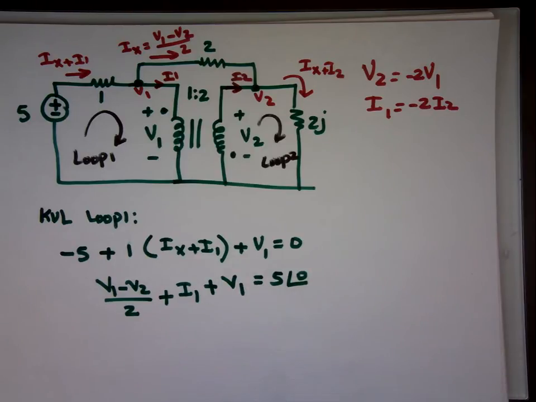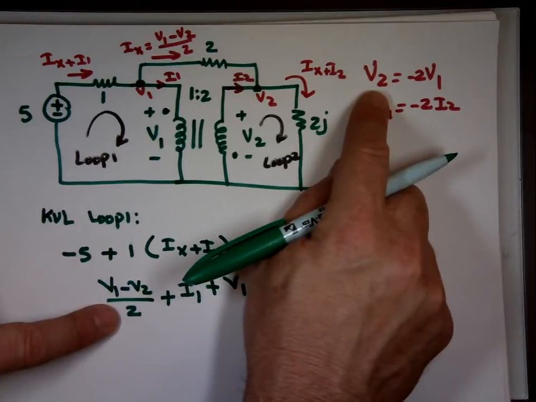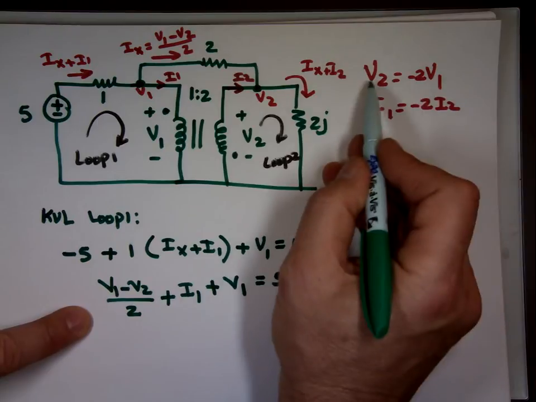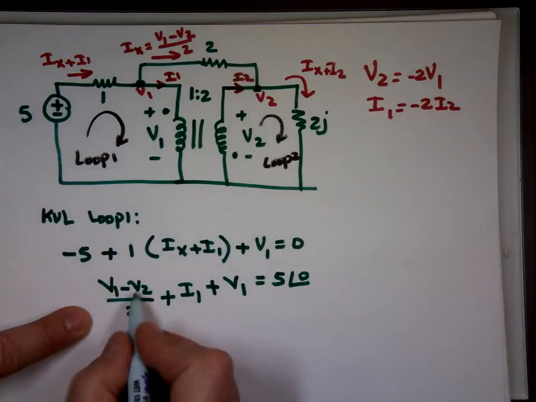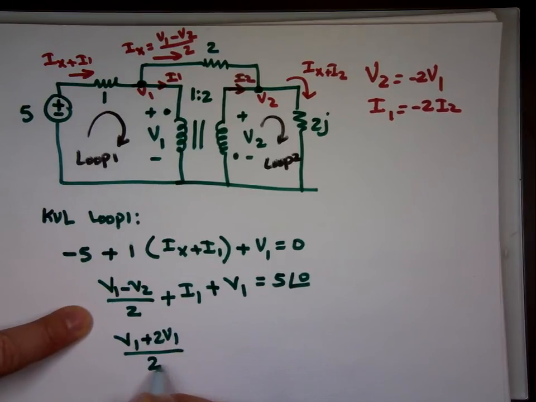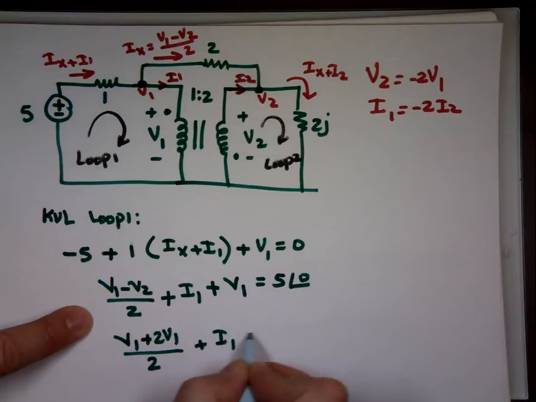Now if you want, you know what V2 is equal to? Negative 2 V1. See that? V2 is negative 2 V1. So if you plug it in, V1 minus negative 2 V1 over 2 plus I sub 1 plus V1 equals 5 angle 0.